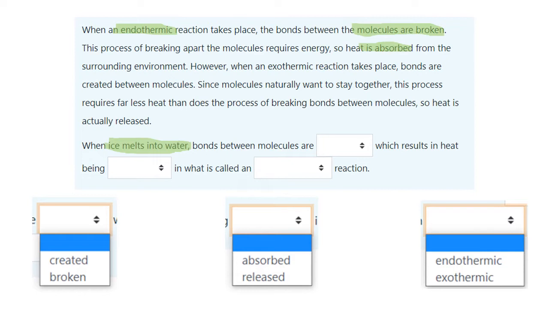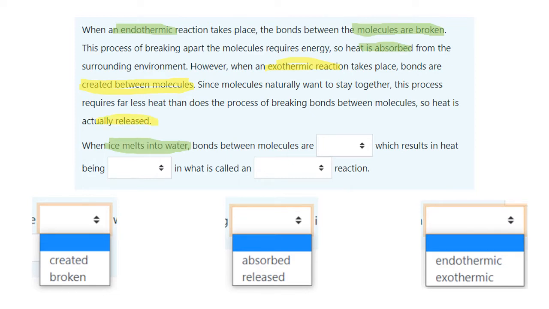However, when an exothermic reaction takes place, the bonds are created between the molecules and they want to stay together, so it requires less heat than the process of breaking the molecules, so heat is released.